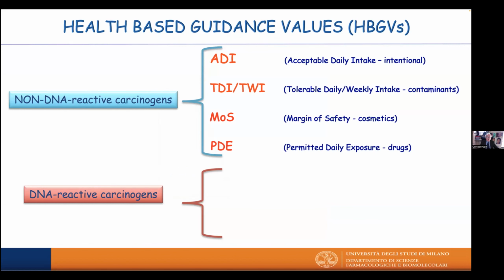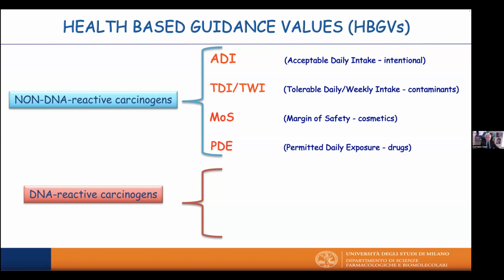Then we call it the tolerable daily or weekly intake for contaminants, and then we have the margin of safety for cosmetics that permitted the exposure for drugs. So you see that in the slide there are two big boxes: the non-DNA reactive carcinogens and DNA reactive carcinogens.